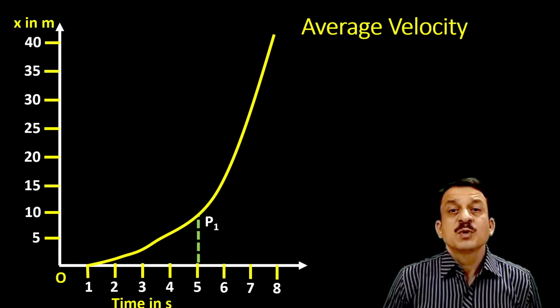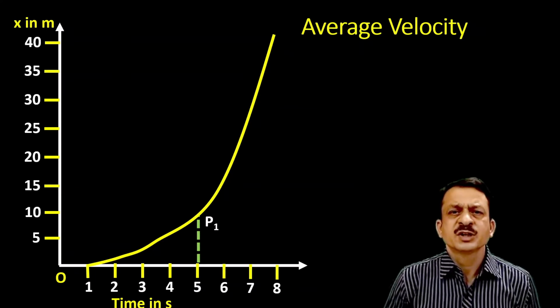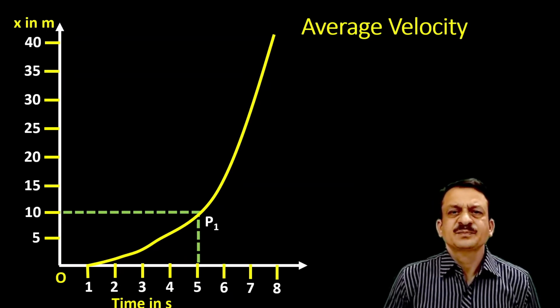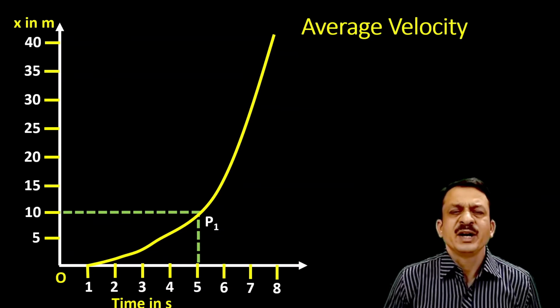Then what is the corresponding position? In order to find the corresponding position, we have to draw a horizontal line from the point P1. Now look at that, we are drawing a horizontal line. It is going to meet the position axis at 10 meter.